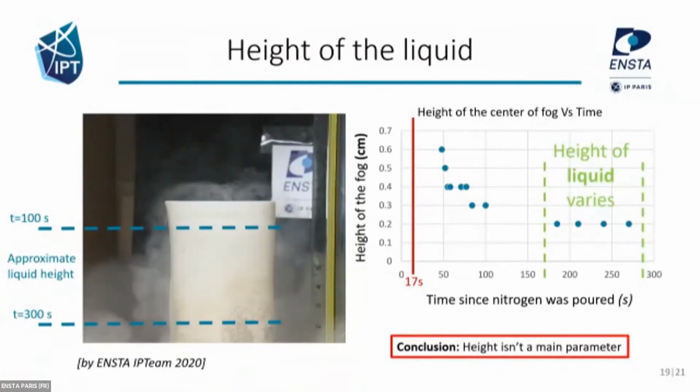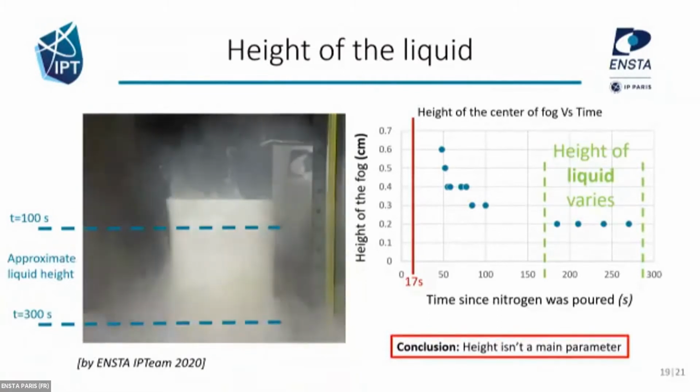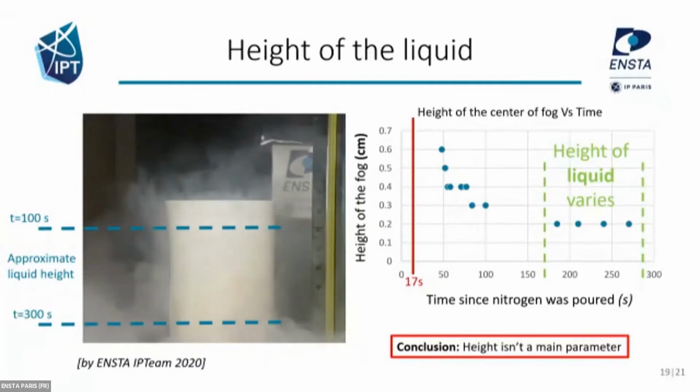As we can see on the video, the height of the liquid changes drastically from 100 seconds to 300 seconds. But we recorded no change in the height of the fog. So this means that indeed the height of the liquid isn't the main parameter, and this goes in the same direction as our little thought experiment earlier.